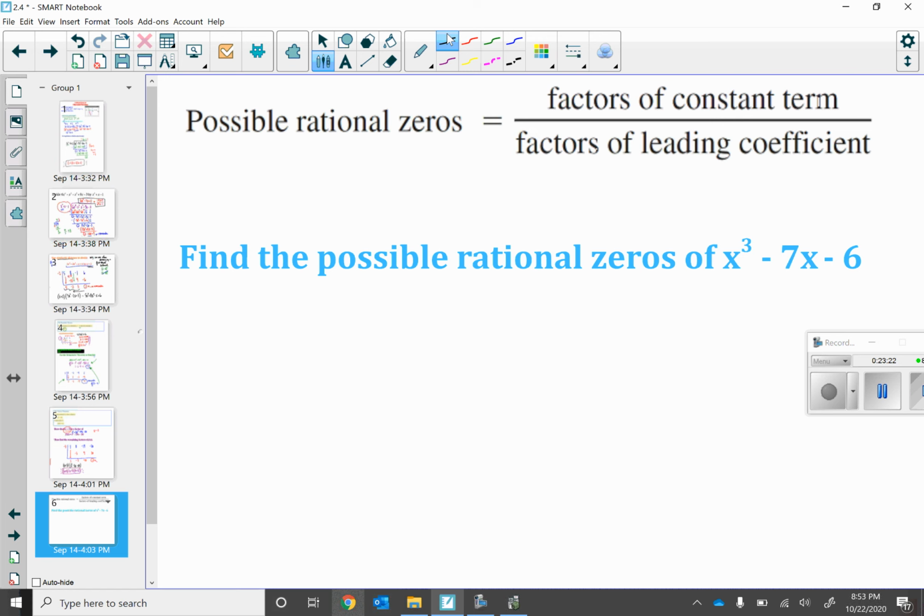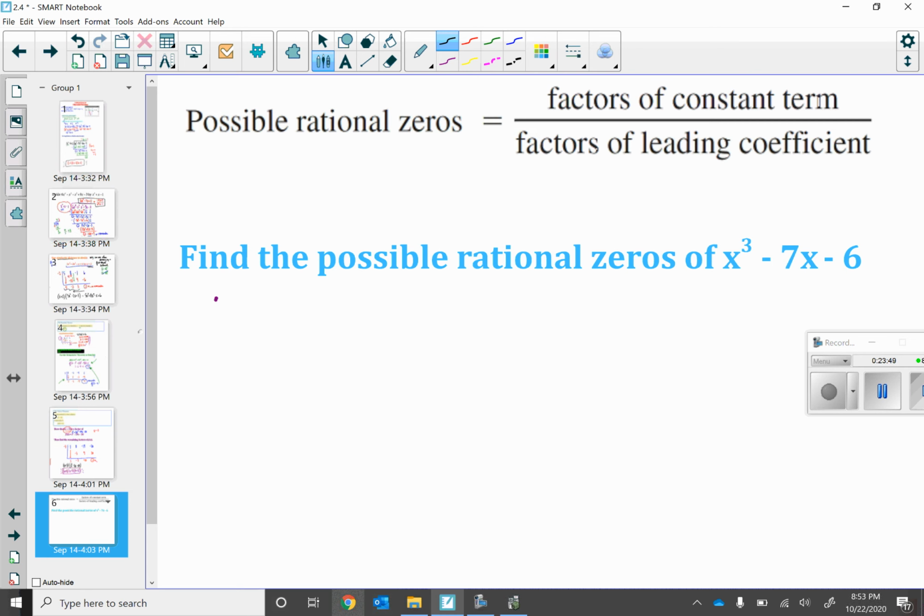I don't want to just guess random points. And so the possible rational zeros can at least kind of narrow down our search. Possible rational zeros are going to be found by taking the factors of the constant term divided by the factors of the leading coefficient. So let's find the possible rational zeros of x cubed minus 7x minus 6.